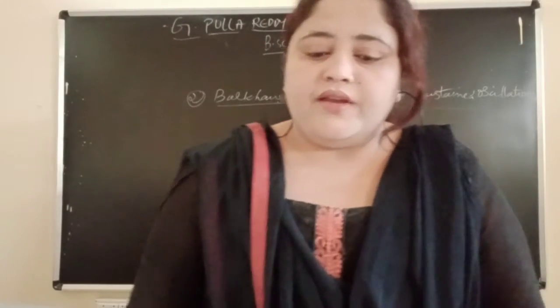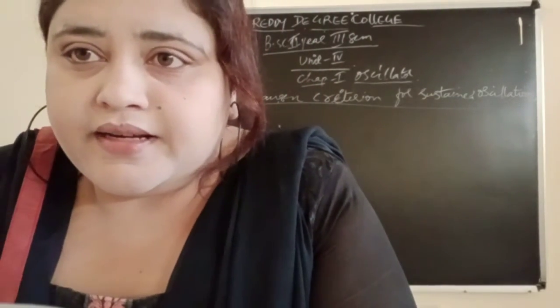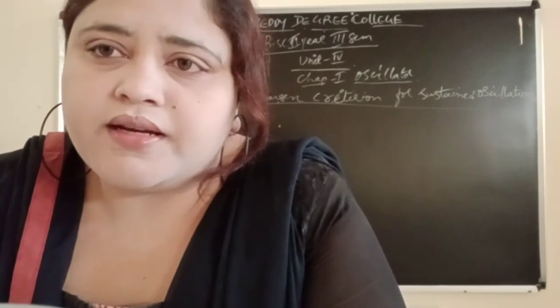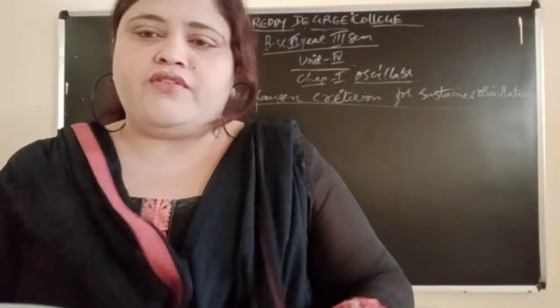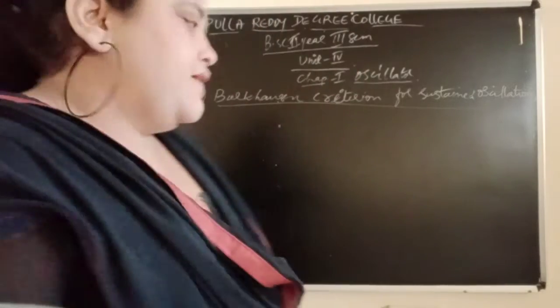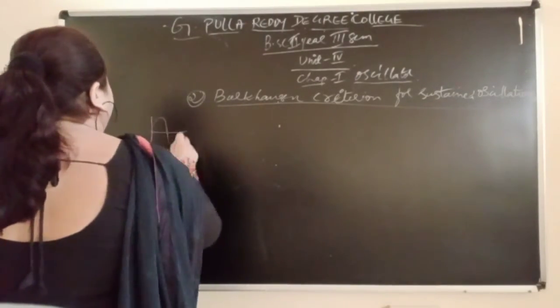Now today we are going to get the condition for oscillators. See, what is an oscillator? An oscillator is a device which will generate the output in the form of a sine wave. You have understood about the sine wave, it looks like this.